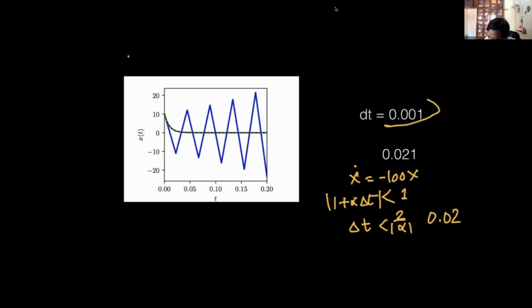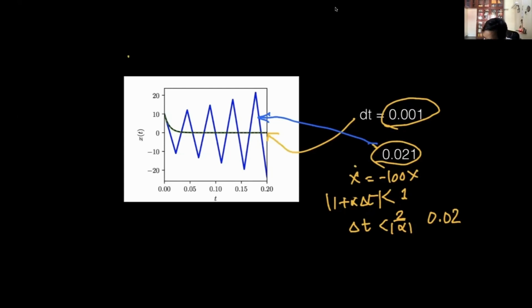This one is fine because it's less than 0.02, and that corresponds to the green curve. But this one is above 0.02, and that is oscillating. So this is the blue curve, and it is oscillating. If I use anything beyond 0.02, my solution will not be correct.